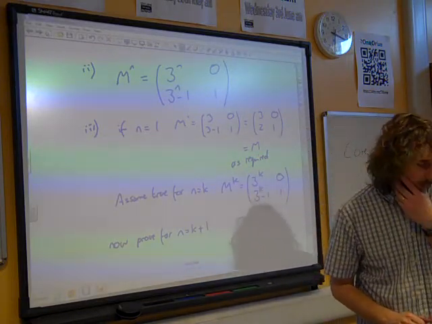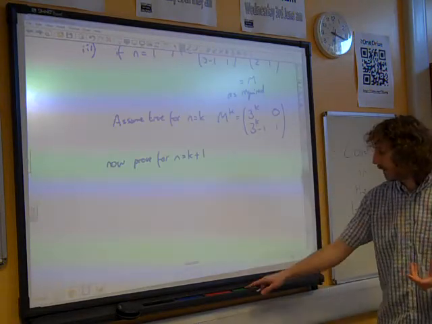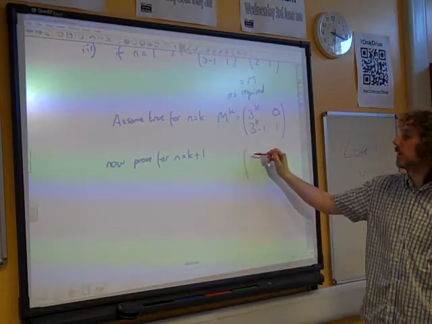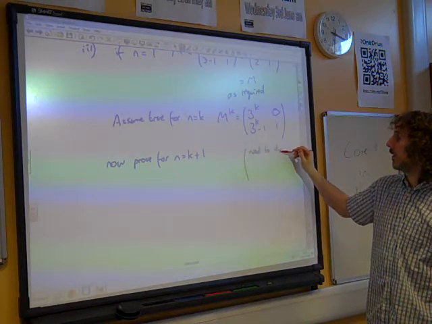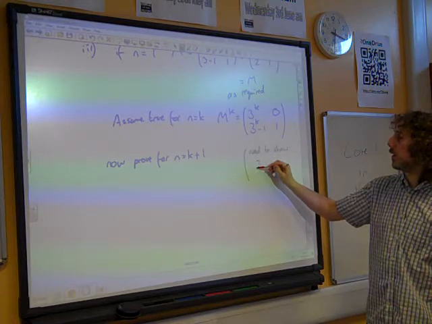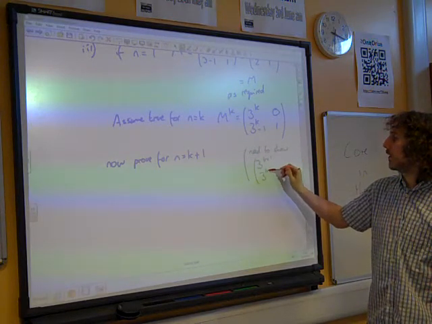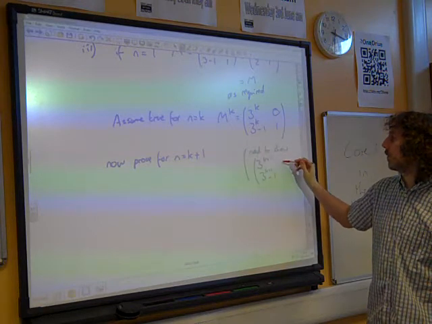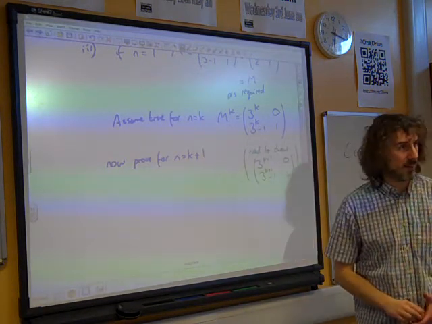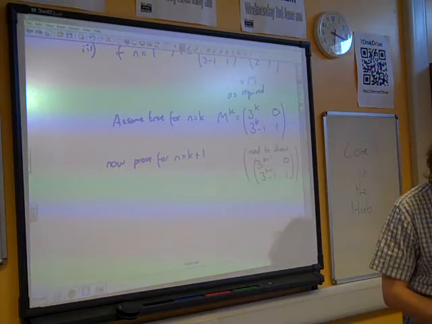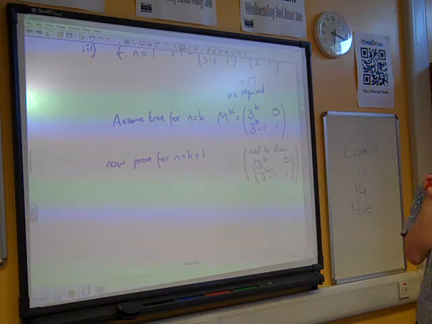And let's think through what we're after here. We would like 3 to the k plus 1, 0, 3 to the k plus 1 minus 1, 1. That's what we're after.